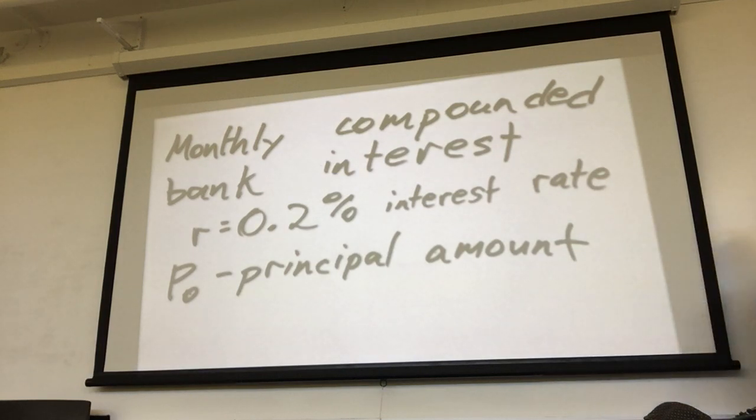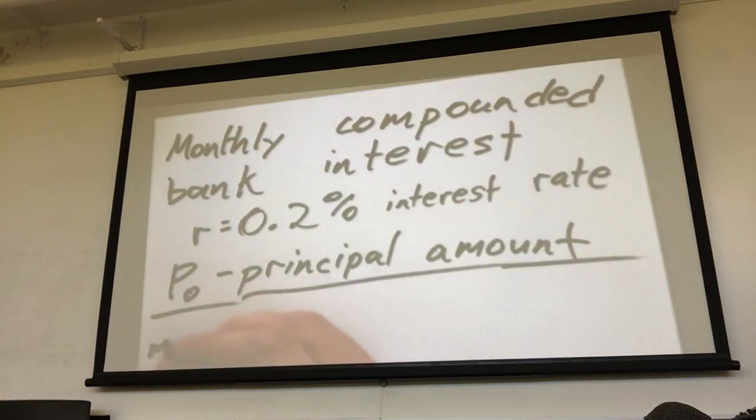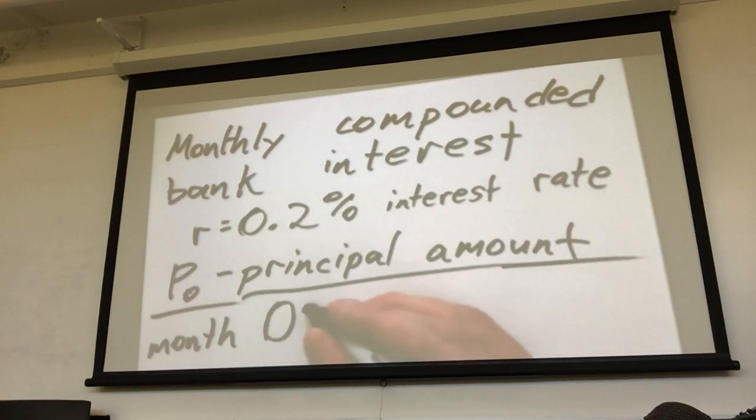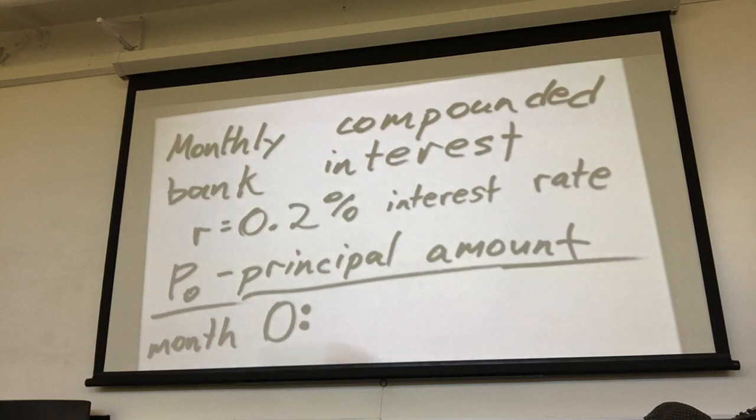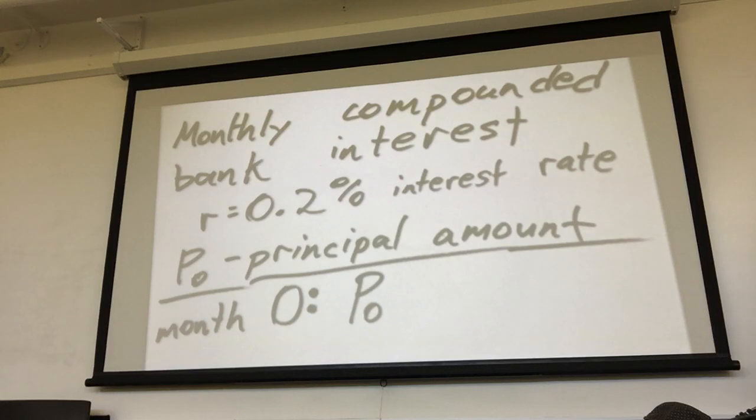So, what would happen at the very beginning? We'll refer to this as month 0. Okay. Now, at month 0, you just put that money into the account. That's all you've got is the principal amount. Okay, so that's just money that you put into your savings account.